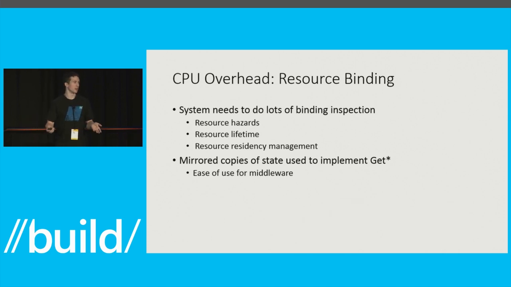This deep pipeline enables greater efficiency parallelizing between the CPU and the GPU. But what happens is there's a lot of reference counting and resource lifetime tracking going on behind the scenes that takes CPU effort. And ideally, you could get deep parallelism across CPU and GPU, but not pay that CPU cost for tracking resource lifetime. Again, I'll talk about that in a bit, how we solve that.